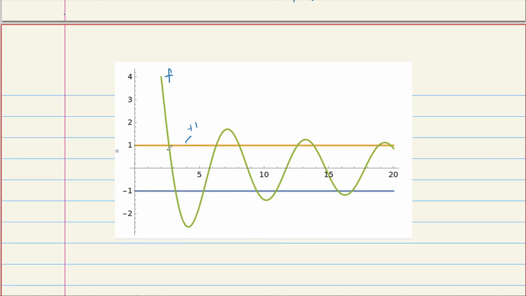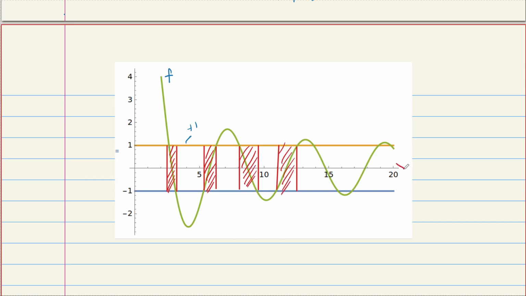Whenever we are in between, there's a solution. For example, here there is a solution, and here there is a solution from here to here, and here to here, and here's a solution, here's a solution, here's a solution.